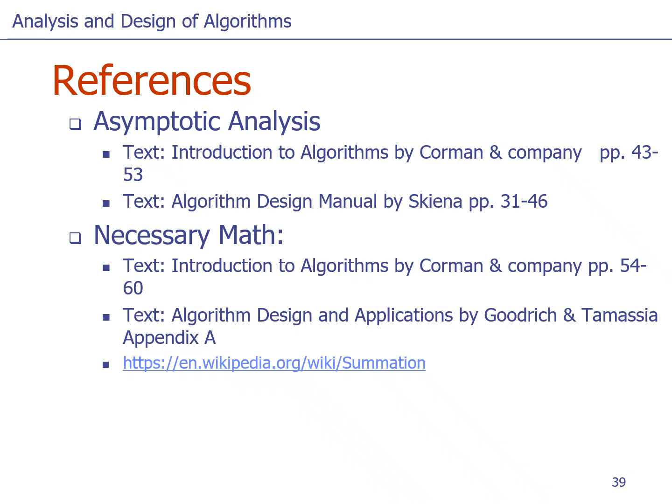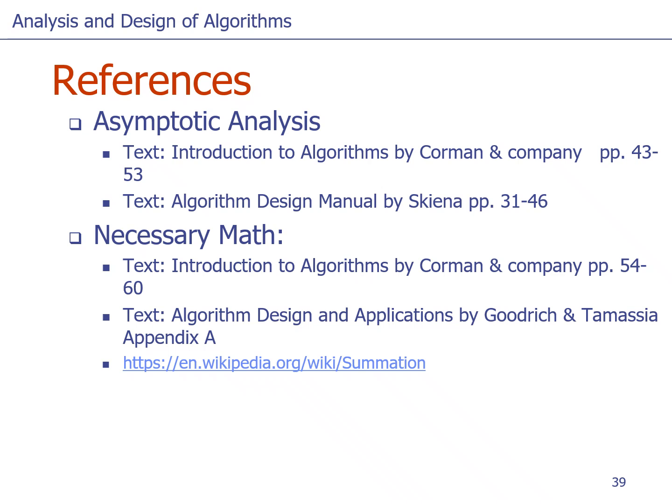I've also mentioned before in one of the early lectures that you need to sharpen your math skills, or have a memory refresher of the various math skills that you've used and learned early on in your education. So I have put here two references, pages 54 to 60 in Cormen.